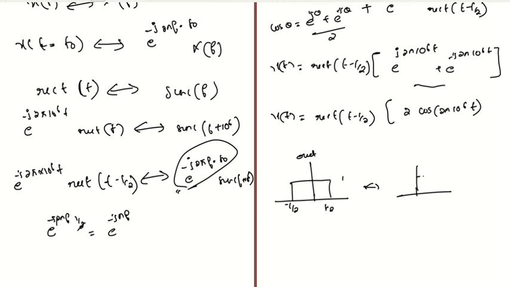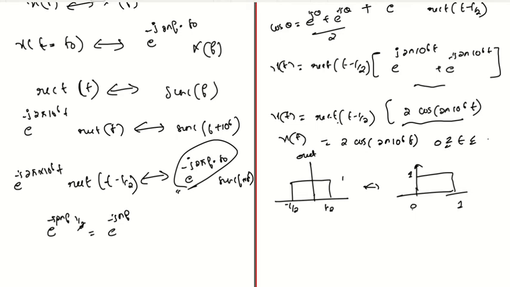So it will be 0 to 1 by 2. Okay, sorry, 0 to 1, right? So this is valid, there will be a value for this rectangle only from 0 to 1. So that is being multiplied with 2 cos 2 pi 10 raised to 6 t. That is, it will be valid, it will be existing within this range only, 0 less than t less than 1. And now we will find out the energy.